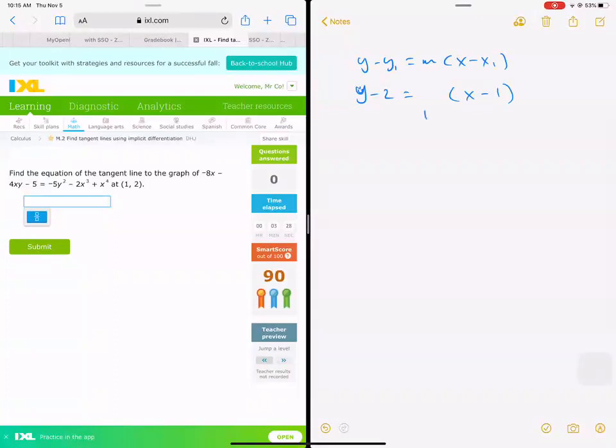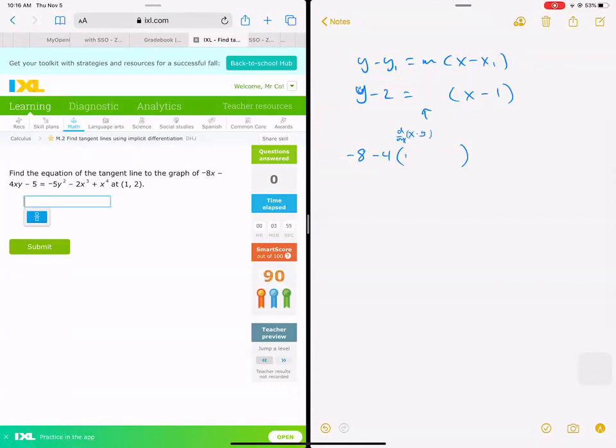Now we have to write the m value, which is the slope at point (1, 2). So we have to find the derivative. The derivative of the equation: negative 8x, so let's just take the derivative as we see it. Negative 8, minus 4 parentheses, derivative of product rule. Remember, this is the derivative of x times y.